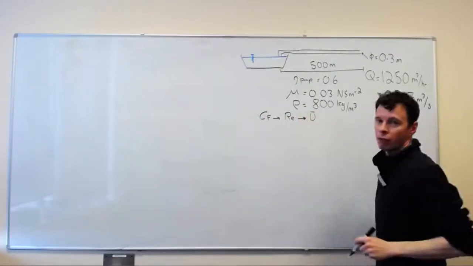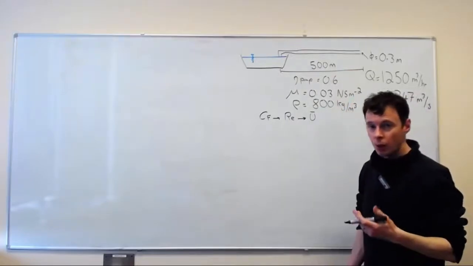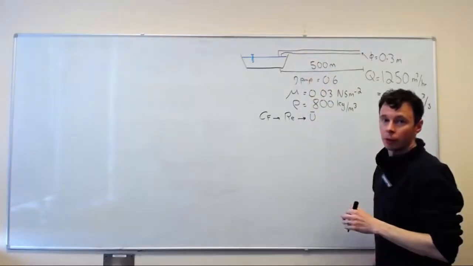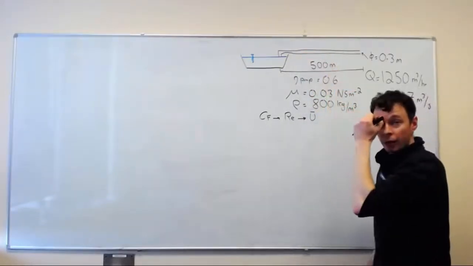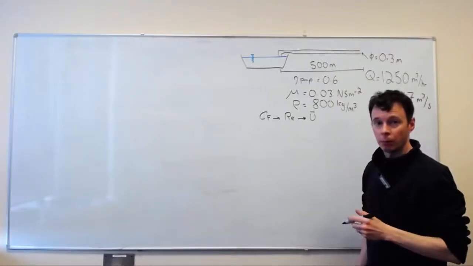And remember, it will be the average velocity across the cross-section of this pipe, because as you know, there will be a velocity distribution across the circular area of that pipe. So we're working out the average velocity.